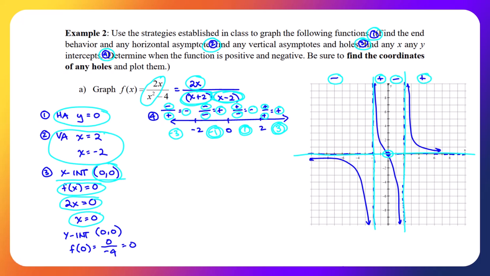So for me to draw something that goes towards the asymptotes and is negative, it starts here, goes down, and this is just a rough sketch. If I wanted a more definitive shape, I'd plot more points, but that's not the issue for this section.